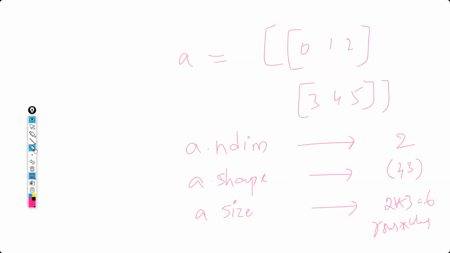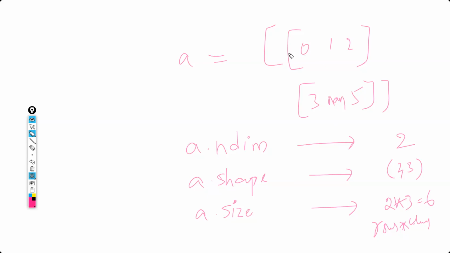Sir, for example here, if None is available, meaning a missing value is there, in that case also it is 2 into 3 only. According to Python, it blindly multiplies the number of rows into number of columns.